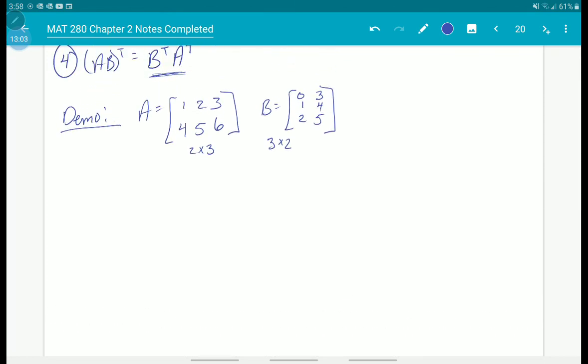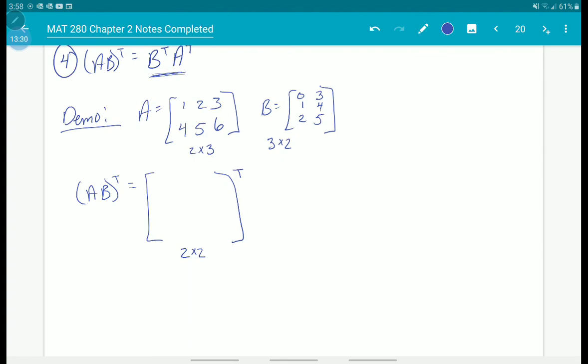So let's look at (AB) transpose. If I multiply A times B together, I'm going to get a 2 by 2 matrix. And we're going to have to take the transpose of that matrix. I'm just going to write that T up here so I don't forget to take that transpose.